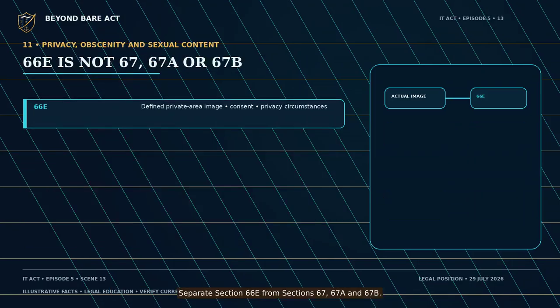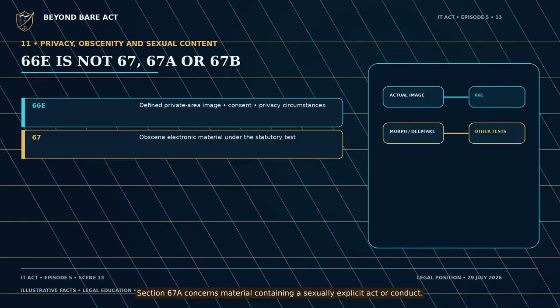Separate Section 66E from Sections 67, 67A and 67B. Section 66E protects bodily privacy through a defined private area image, lack of consent and privacy circumstances. Section 67 concerns obscene electronic material under its statutory test.